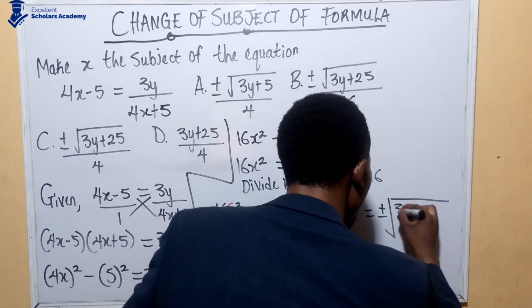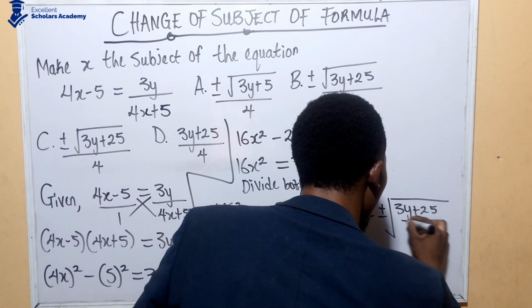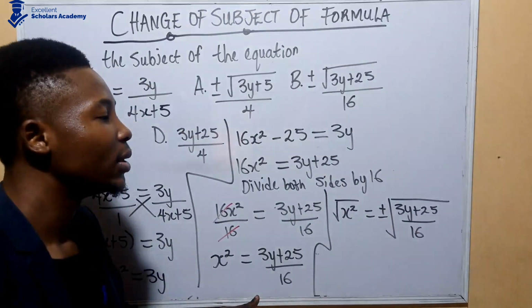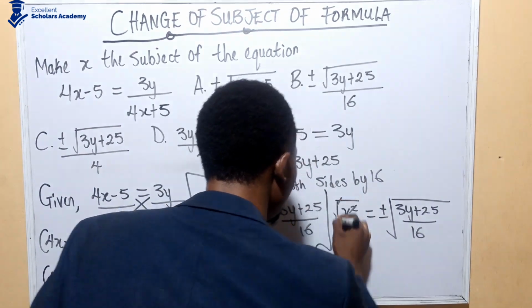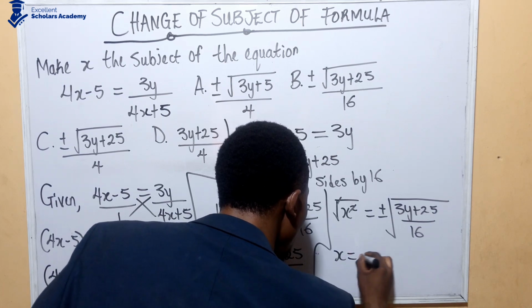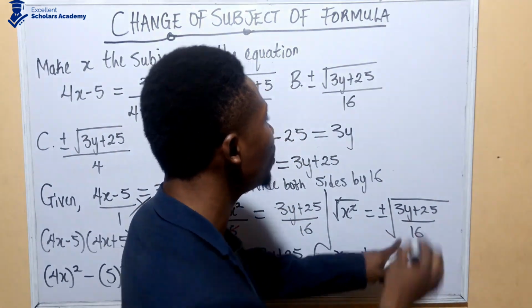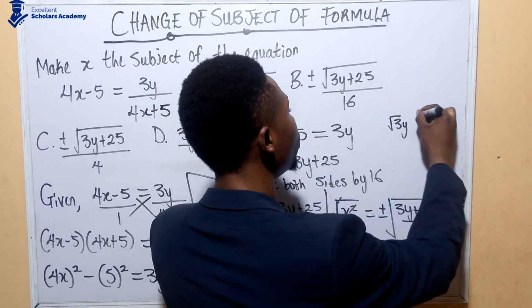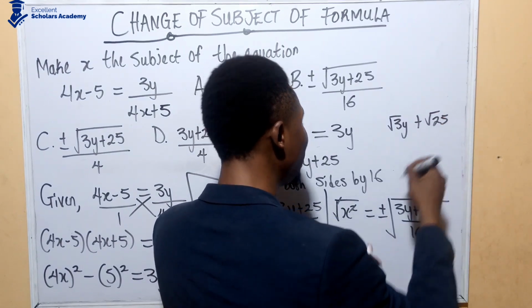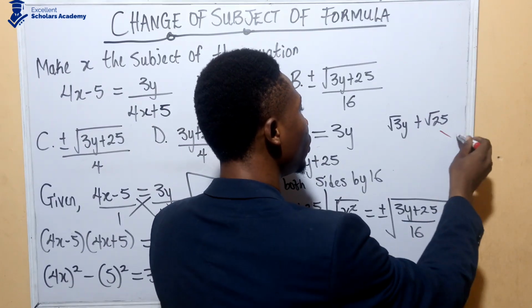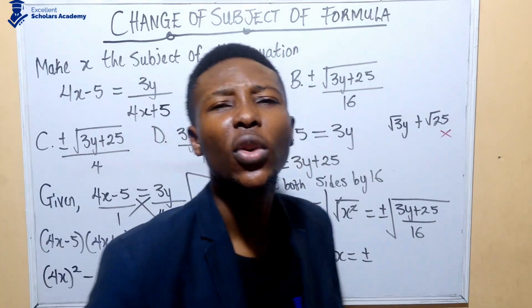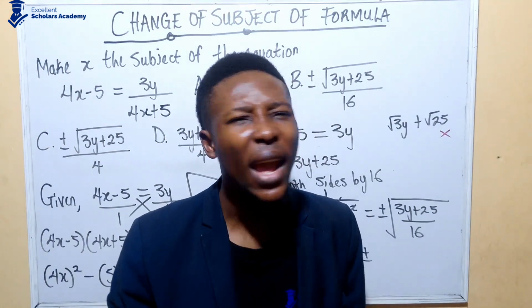That's going to be 3y plus 25 over 16. Now, the square cancels this square root here. You have x is equal to plus or minus. Now, I want you to know something. You can't split this into square root of 3y plus square root of 25. It's impossible. All right? Do you know why? Because what God has joined together, let no man.